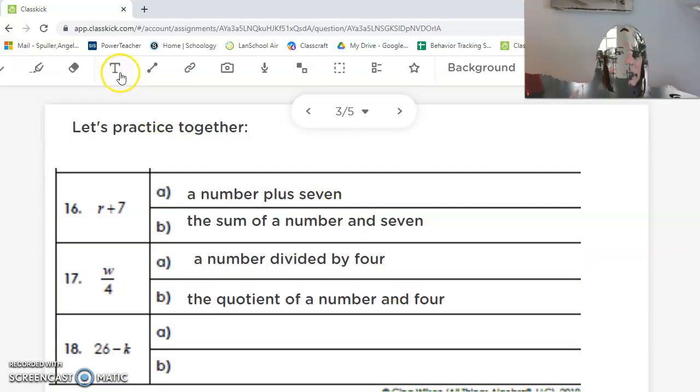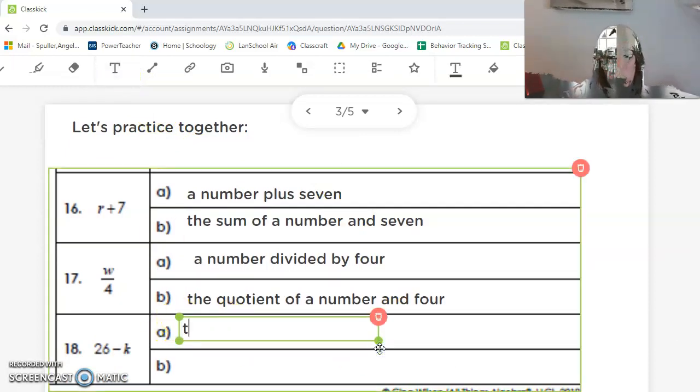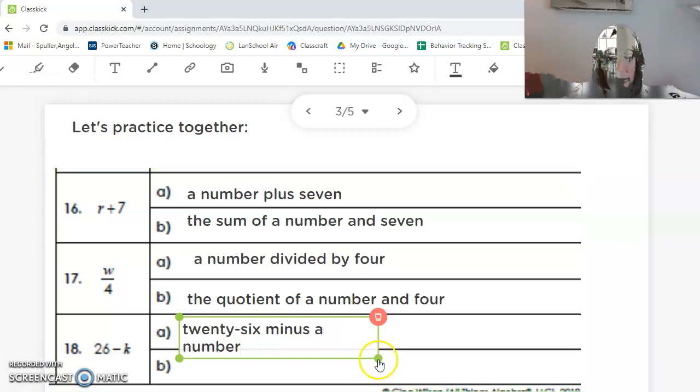And last but not least, let's look at these last two. We can say 26 minus a number. Okay.